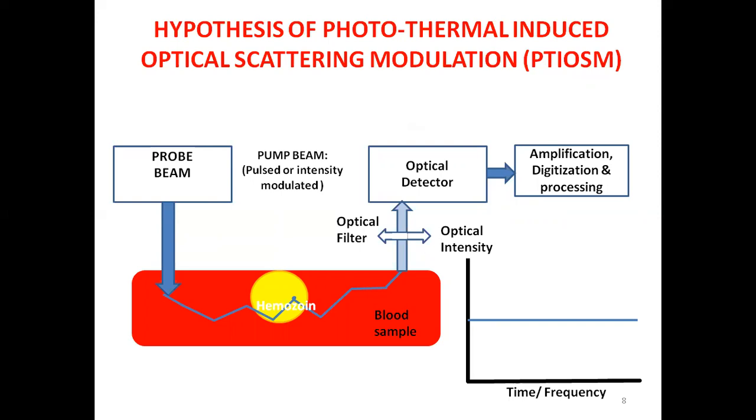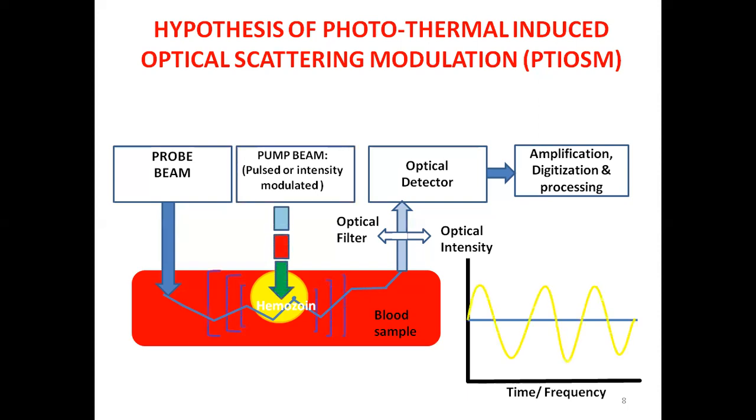We irradiate the sample with an optical beam that we term the probe beam, which is partly absorbed by the sample, and another portion of it is diffusely reflected through the sample, and eventually it is detected by an optical detector. And when we visualize the detected signal, we expect to get a constant intensity signal if the incident probe beam is constant intensity.